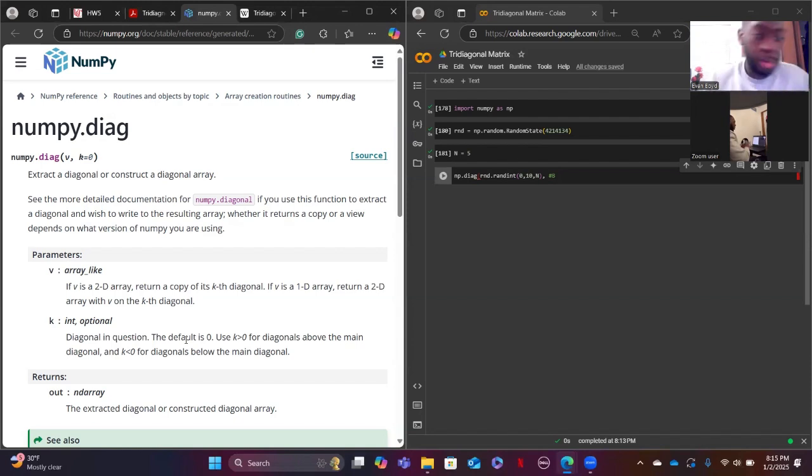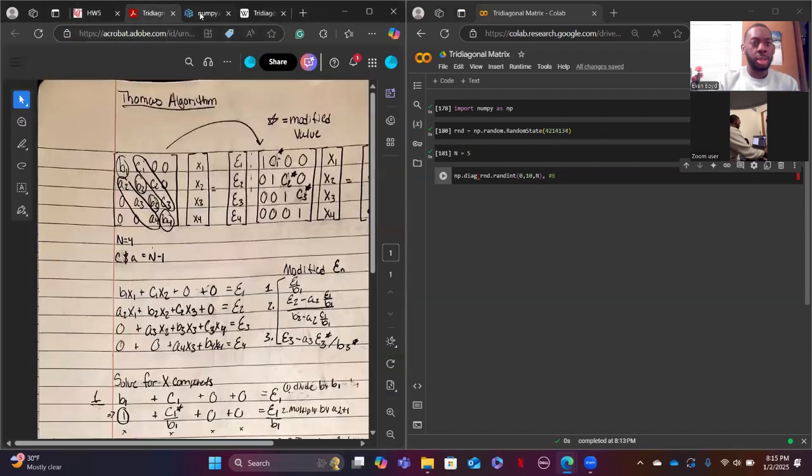In this case it will be 0, which in code is our first value. It shifts over by one column every time you increase K. So we'll do K equal to 0 here. This will be our first diagonal.